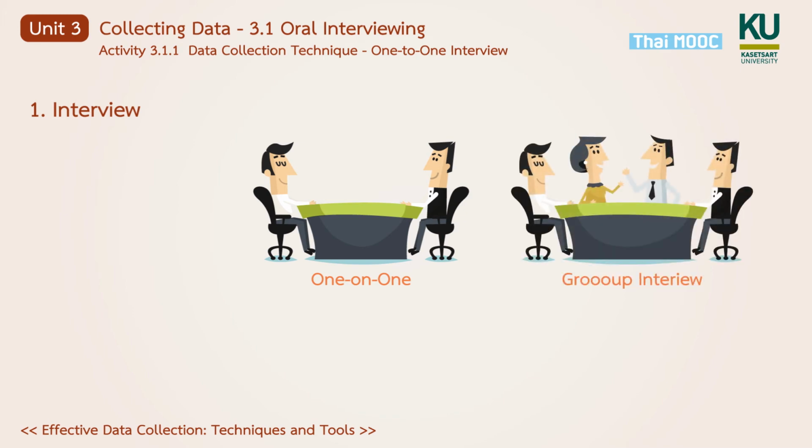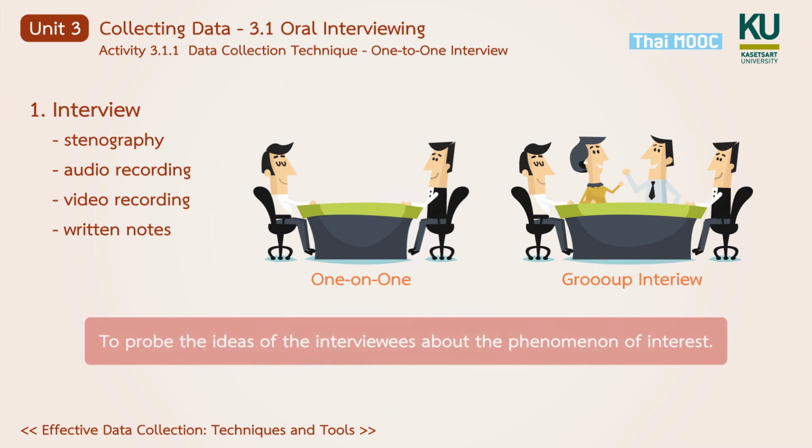The data can be recorded in a wide variety of ways, including stenography, audio recording, video recording, or written notes. In interviews, it is assumed that there are a questioner and one or more interviewees. The purpose of the interview is to probe the ideas of the interviewees about the phenomenon of interest.